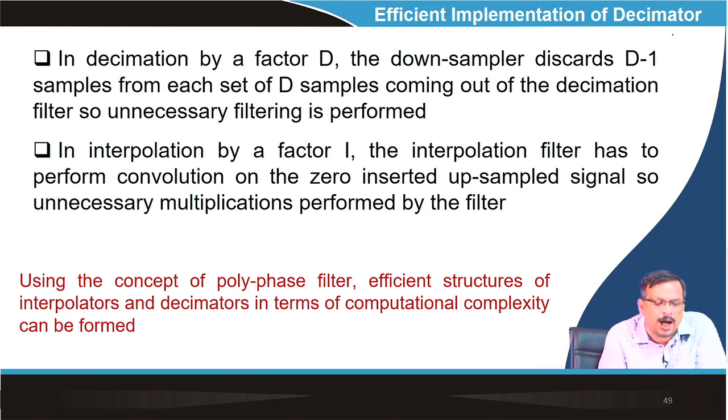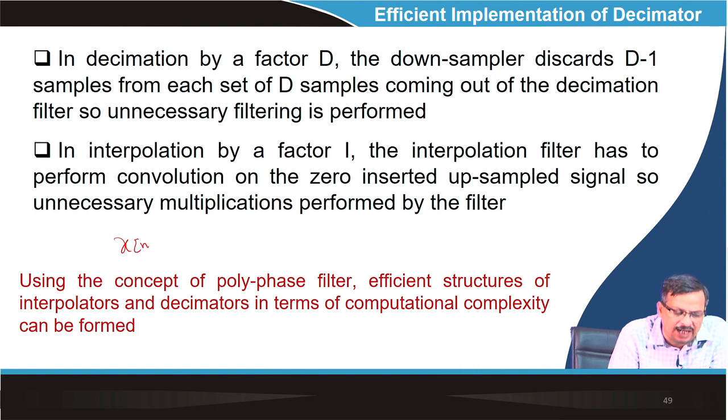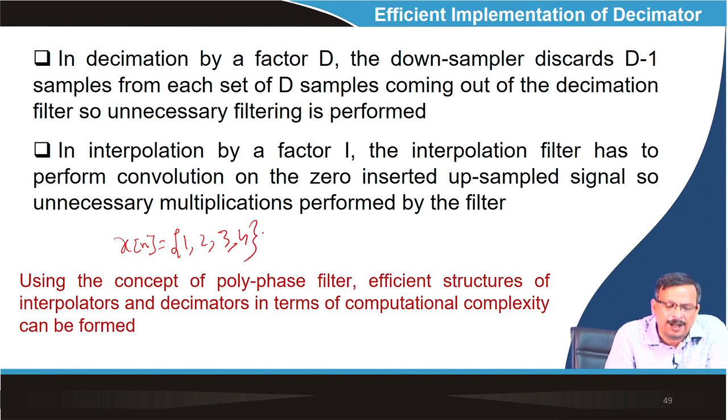When I say upsampling or downsampling, let us say x of n is equal to 1, 2, 3, 4. Now, if I downsample by factor 2, D equal to 2, what do we select? We select sample number 0, then discard sample number 1, and we select sample number 2.